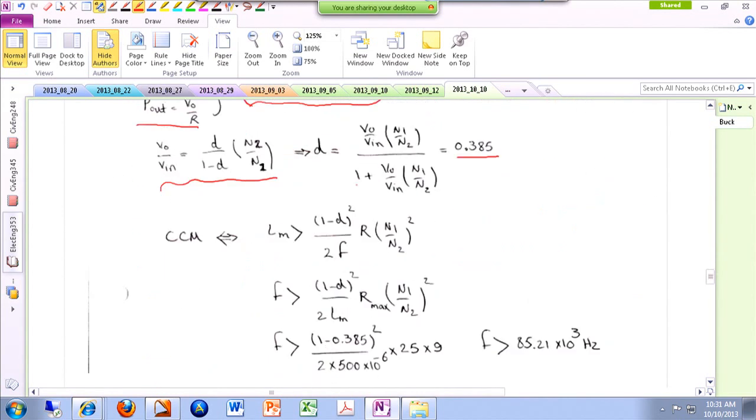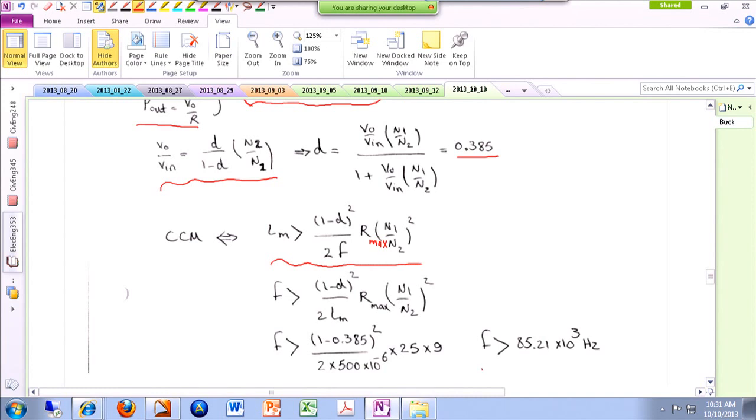All right. Remember, our requirement was for this converter to operate under continuous conduction mode. Therefore, the magnetizing inductance should be larger than this. And because our load is variable, we have to consider the maximum value of the load resistance. Then I rearrange this so that the frequency should be larger than the rest of the parameters.